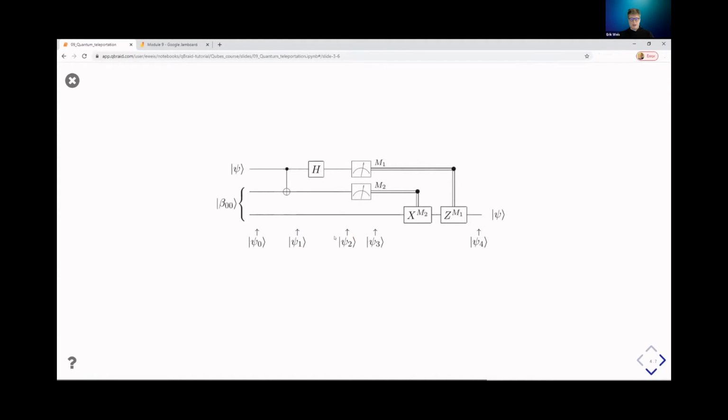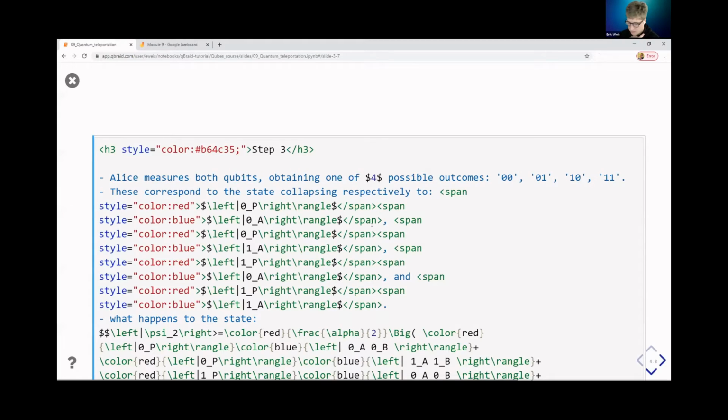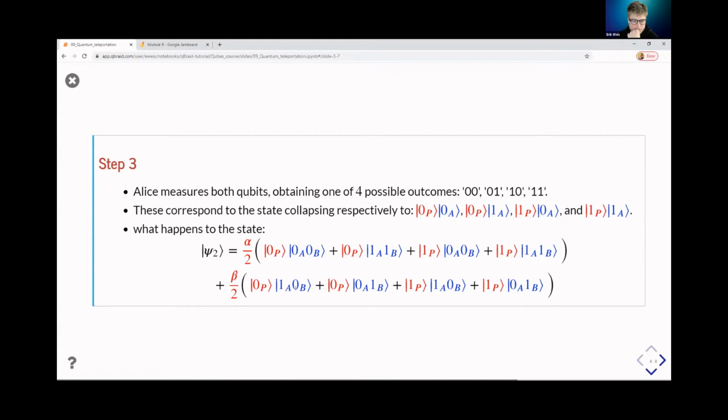Great. So now that we've applied the Hadamard, we have this massive expansion, and what we're going to do is measure both. Alice is going to measure both qubits. Let's see what happens here. What's going to happen when we measure both qubits?